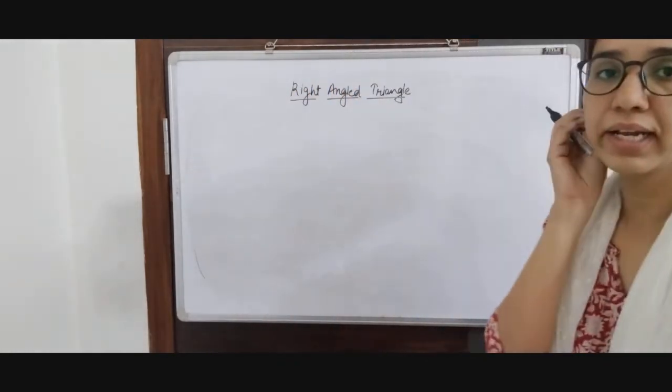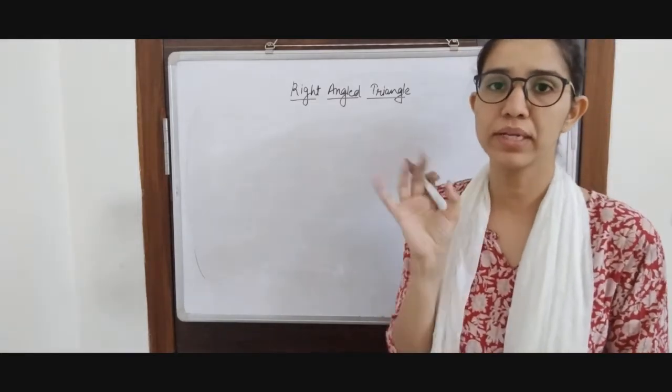You know that a right angle triangle is one in which one of the angles is 90 degree.